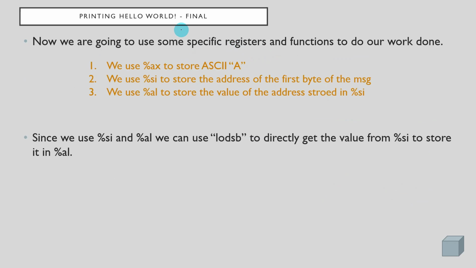In order to deal with a loop, we need to use special registers for this purpose, because I'm going to use a special instruction called lodsb. This lodsb only deals with these two registers, therefore we are going to use these two registers and ax as our initial value.